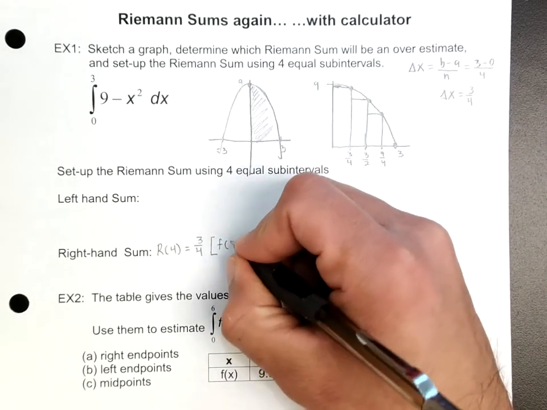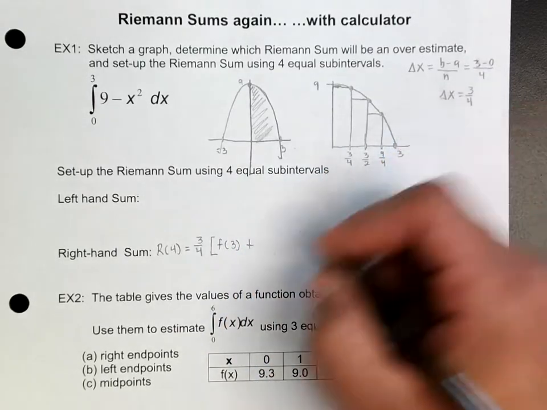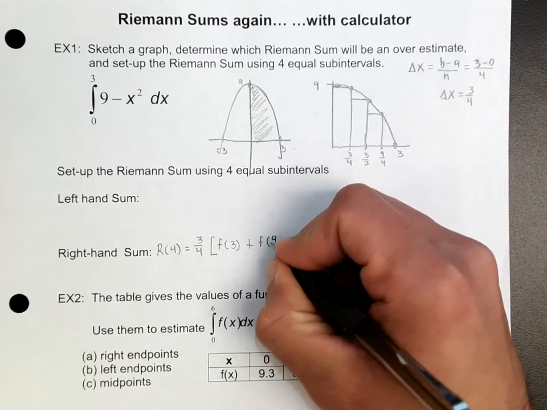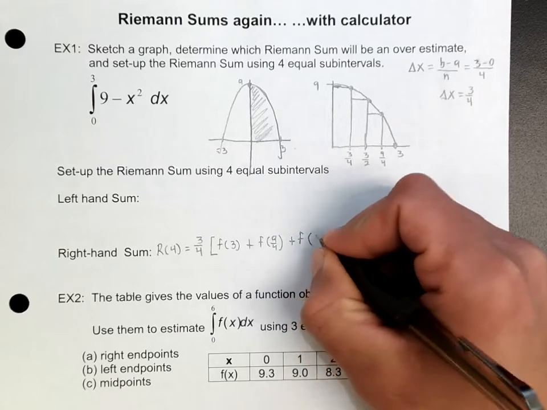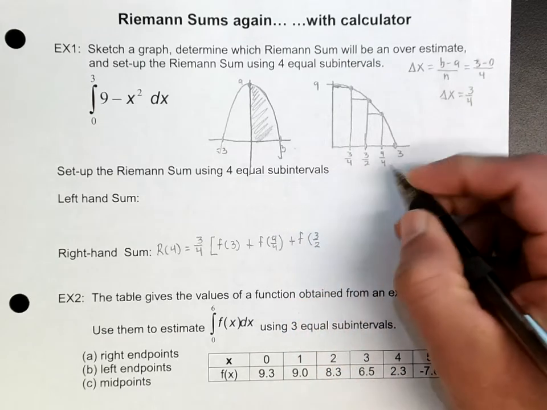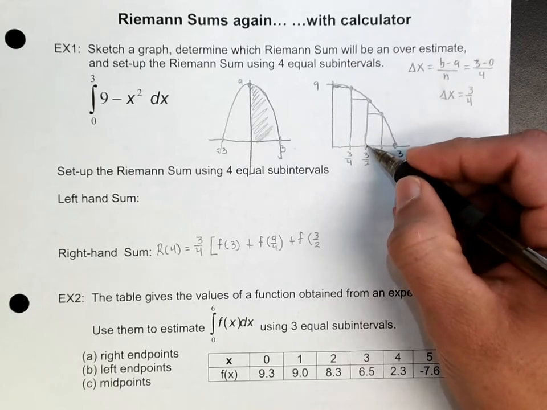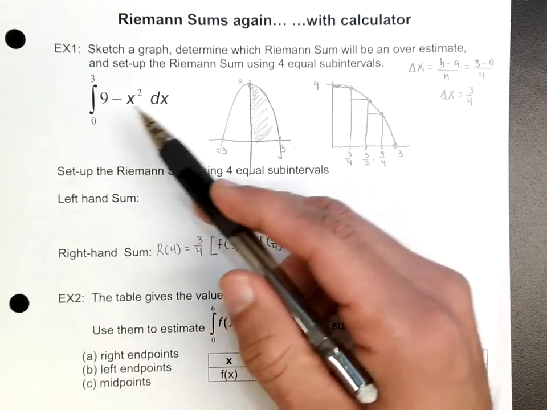This would be f of 3 plus f of 9/4 plus f of 3/2, because remember, the heights are determined by plugging the x value into this function, 9 minus x squared.